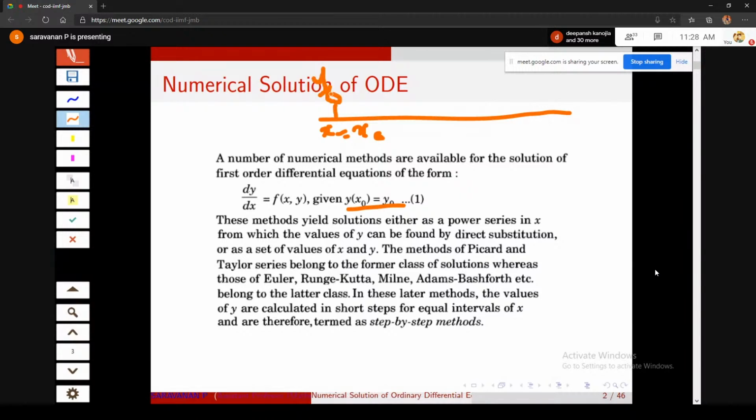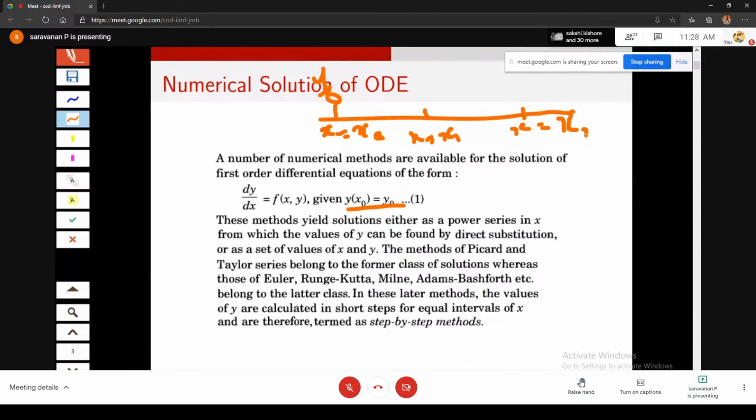So we have to compute the value of y at x equal to x1 or at x equal to x2, etc. We have to compute the corresponding y value.